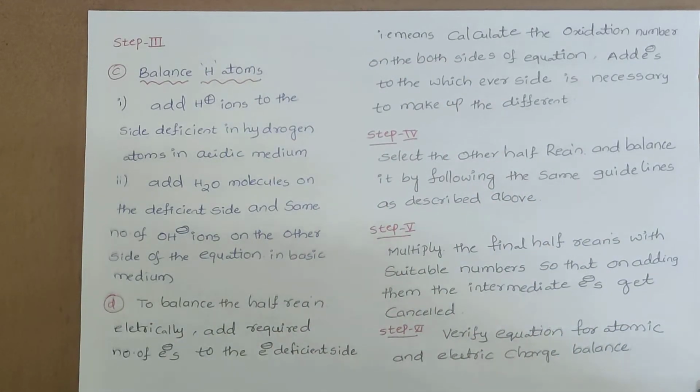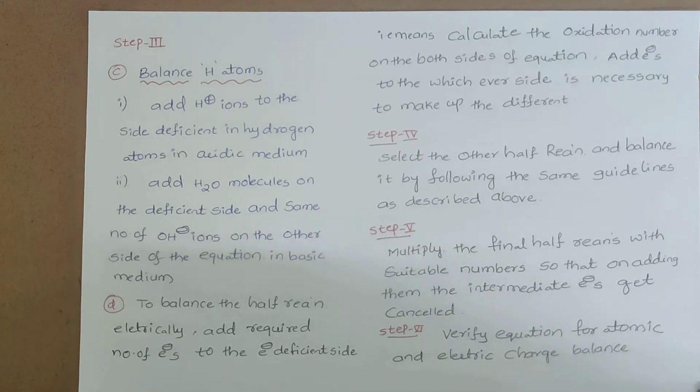In step 3, after balancing the oxygen atoms, we need to balance the hydrogen atoms. Hydrogen atoms also are balanced differently in acidic medium and basic medium. In acidic medium, add H plus ions to the deficient side.